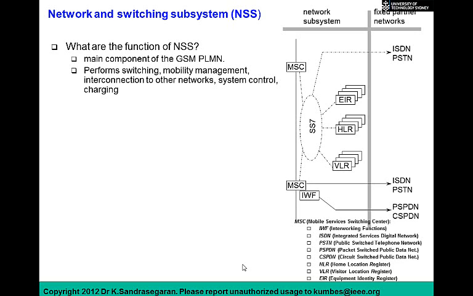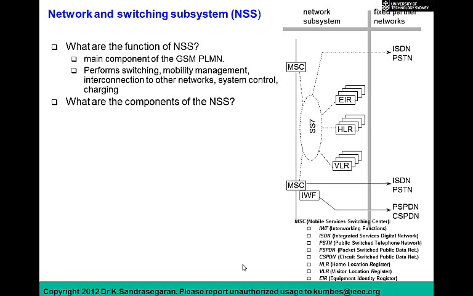Switching is the important function that's performed along with mobility management, interconnection to other networks, and charging. Obviously, we have to charge subscribers, otherwise that's how the operator will be able to recoup the costs that they have invested in the equipment.